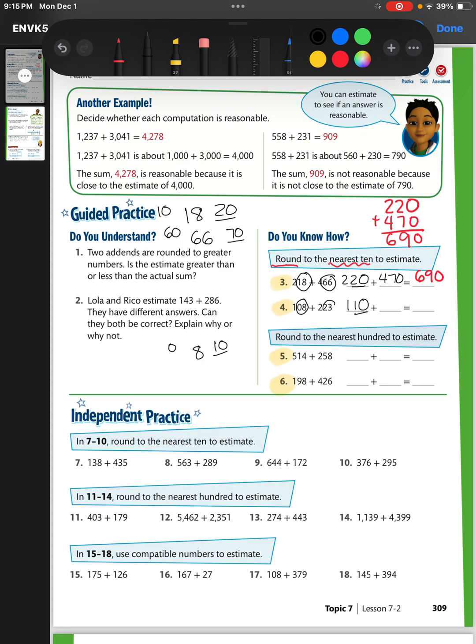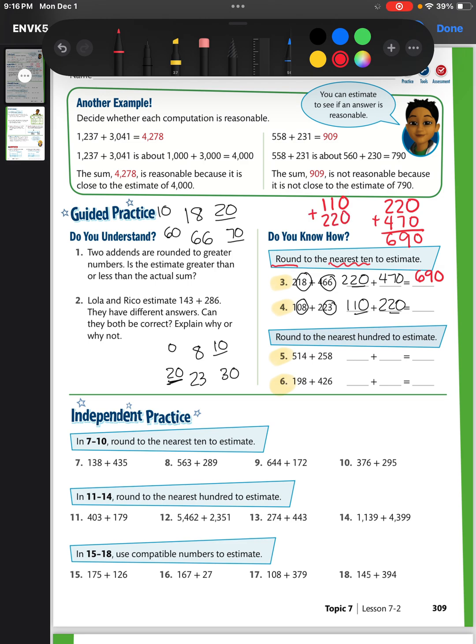So 223. So I'm looking at 23. So 23 is between 20 and 30. Well, 23 is a lot closer to 20. So my number 223 rounds to 220. And again, I'm going to go ahead and do the math up at the top for you here, lining up each place value like we practiced.